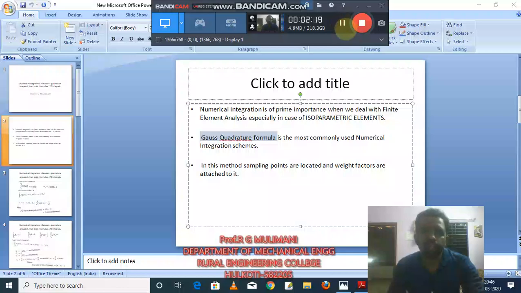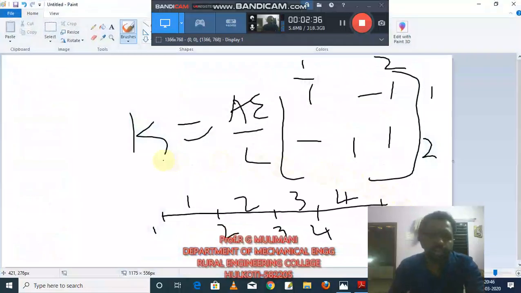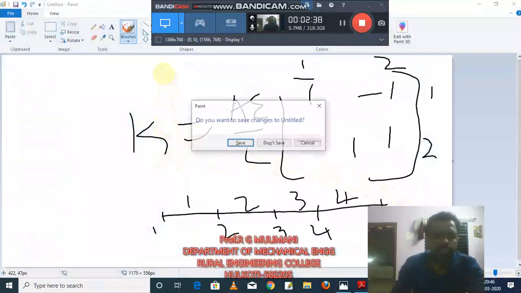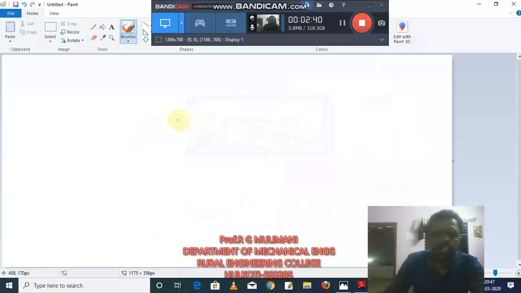There is a 1 point formula, a 2 point formula, a 3 point formula. It depends upon the order of the polynomial equation. Which formula is to be used depends upon one equation, 2n minus 1.